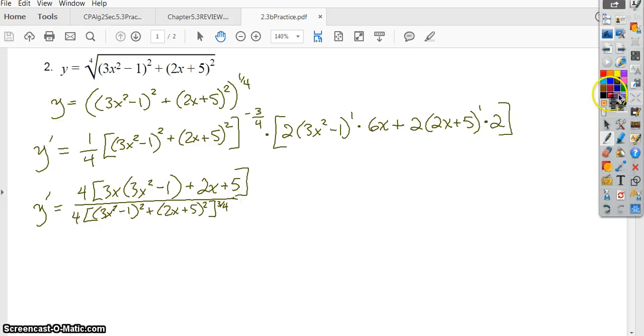The 4's cancel out. So now my y prime equals, let's distribute it, 9x to the 3rd minus 3x.